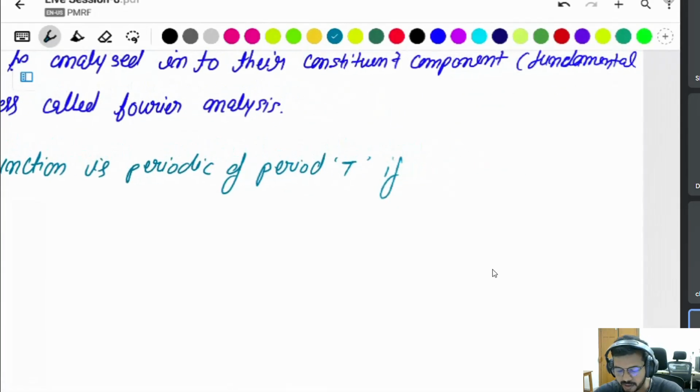Any function or signal that repeats after some time period is known as a periodic signal. It means a repeating signal is a periodic signal. There is a fundamental frequency and a fundamental time period, if the function repeats after time T, for all time t.